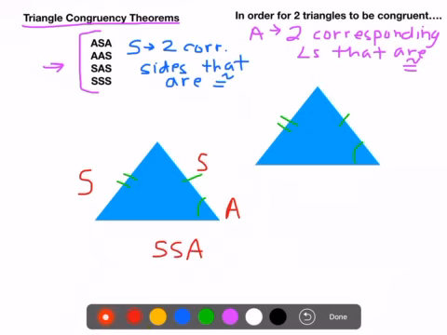The only one with two S's and an A is right here, and again, that angle has to be included in between. Because this angle is not included, this does not work. This does not count as side, angle, side because that angle is not included. So this one would also be not congruent because it doesn't follow one of our four theorems that we have.